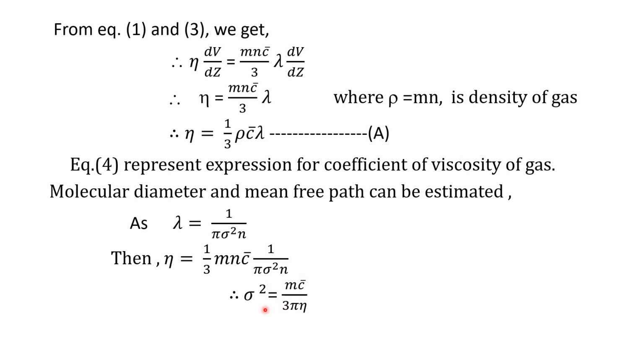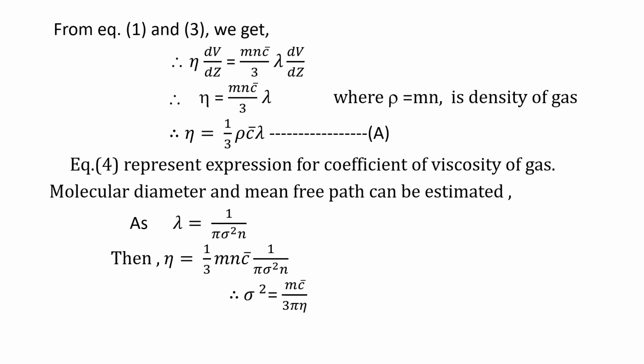Therefore, we separate sigma square from that equation and rewrite it as m c bar divided by 3 pi eta, or sigma is equal to the square root of m c bar divided by 3 pi eta. If we find the mean free path directly, then lambda is equal to 3 eta divided by rho c bar. The mean free path is also estimated from that equation, as we know the viscosity and density of the gas.